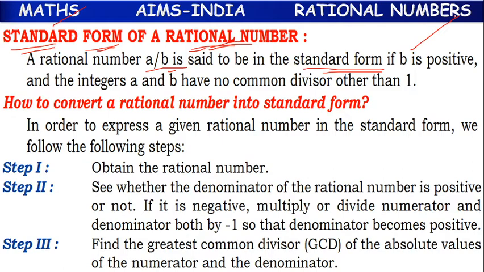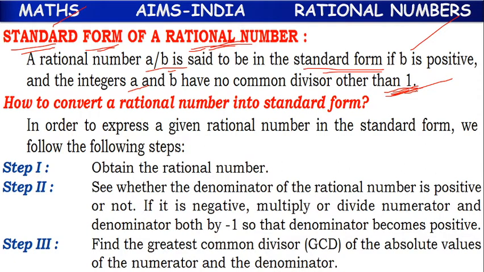What is b here, children? B is the denominator. Means the denominator is to be positive and the integers a and b have no common divisor other than 1. Means their HCF is 1, or they are in lowest form.